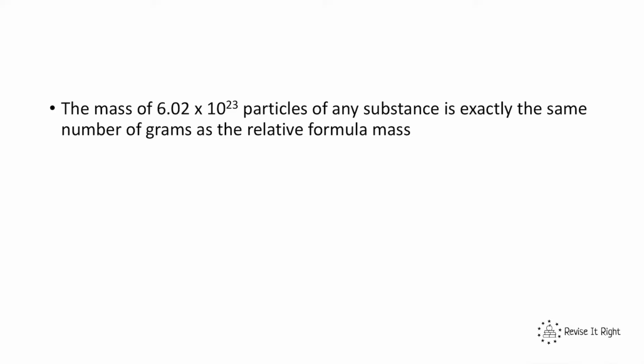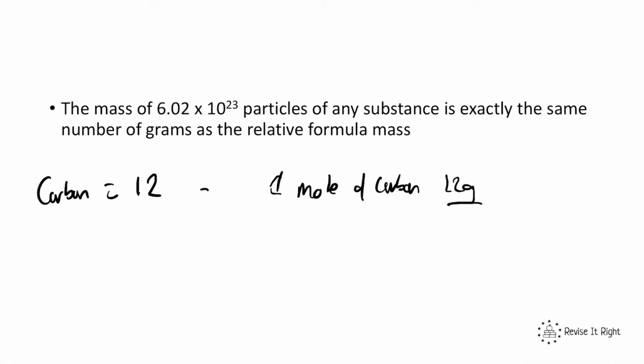So let's go to carbon, for example, as we looked at in the example in the last slide. Carbon has a mass number of 12. So what that means is 1 mole of carbon actually weighs 12 grams. And that is also its relative atomic mass. So that's why this number is a very clever number.